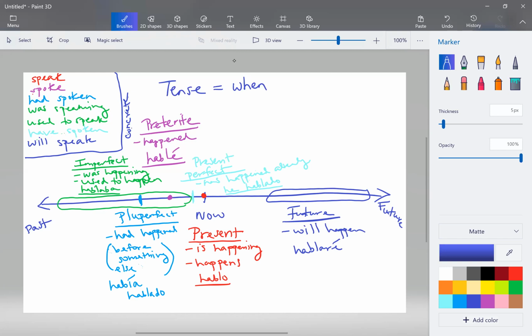Okay? With the three other tenses, we don't really talk about concrete. We talk about possible. So I'm going to use gray to talk about things that are possible.